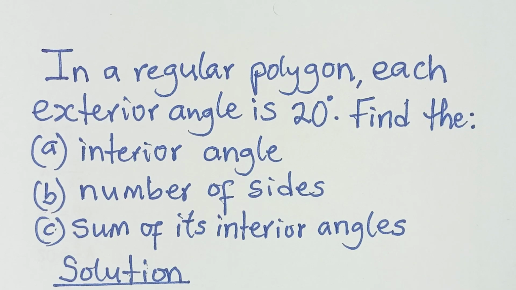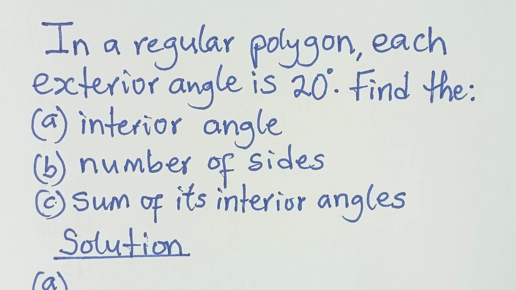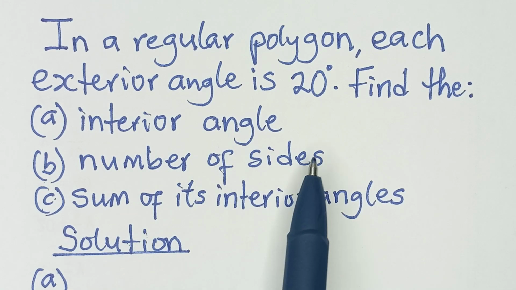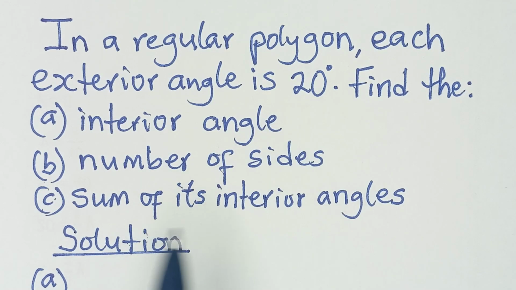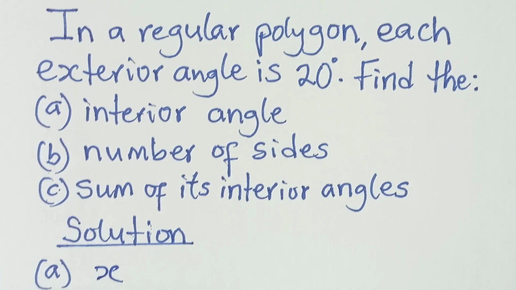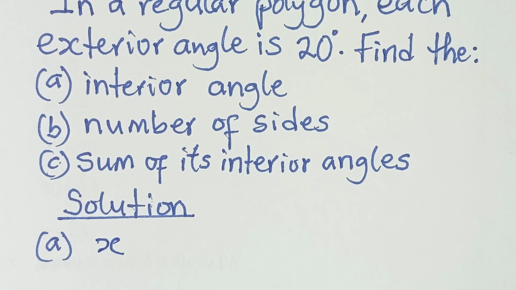Now, for us to solve this, we need to remember the rule that says that interior angle and exterior angle lie on a straight line. So let's take each interior angle to be x.